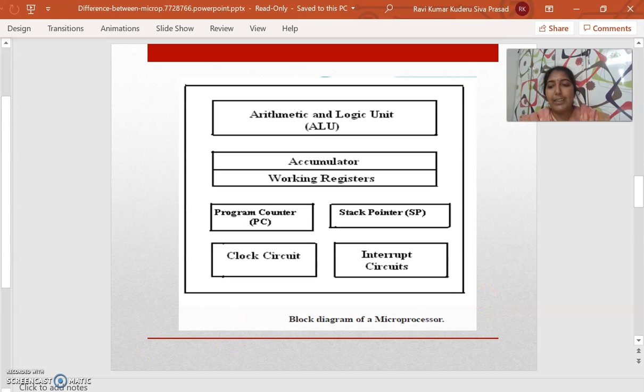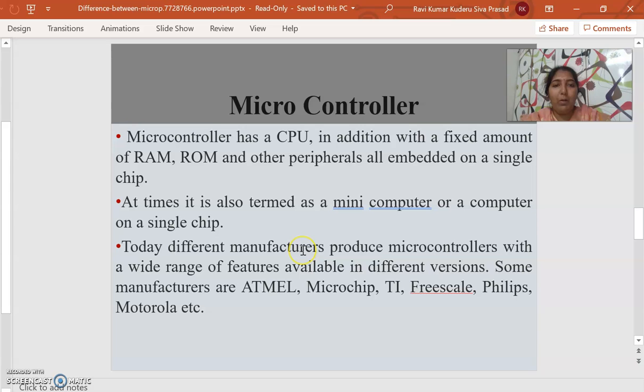Next, we will see the term microcontroller. The name itself tells that it is mainly used for controlling operations, not for processing. Even though we are performing some calculations, we concentrate less on the calculations.